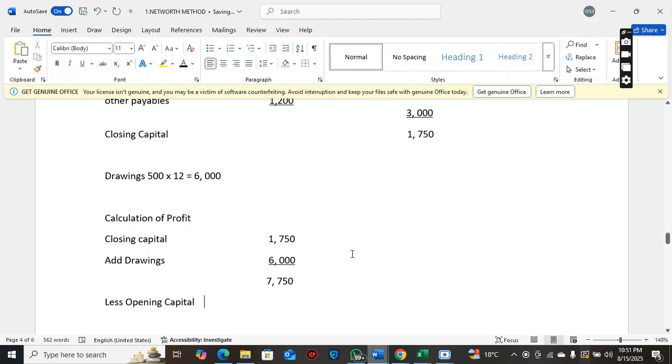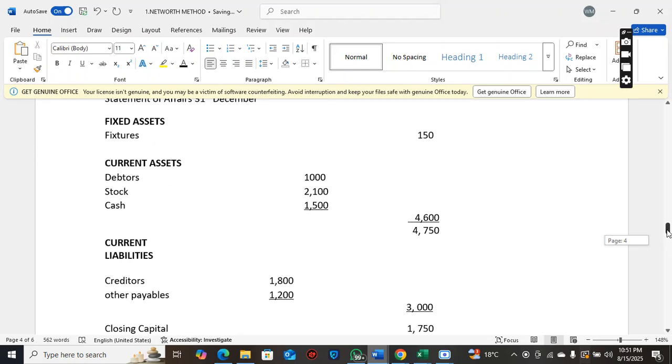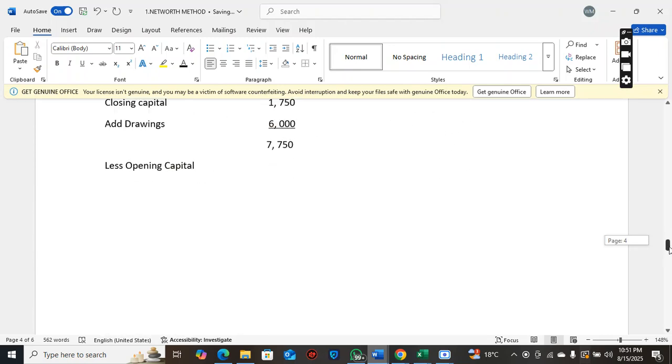Opening capital was 2,650. So 7,750 minus 2,650, I believe we get 5,100.